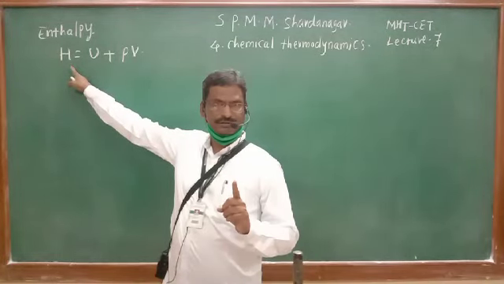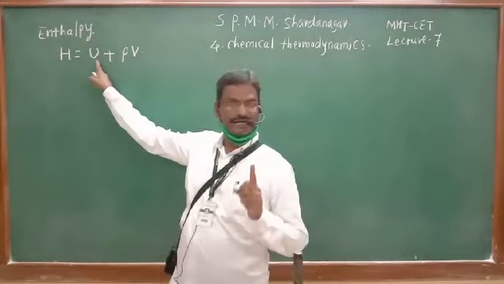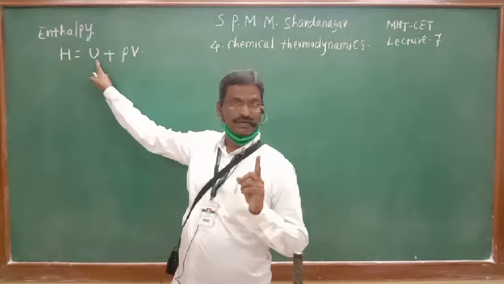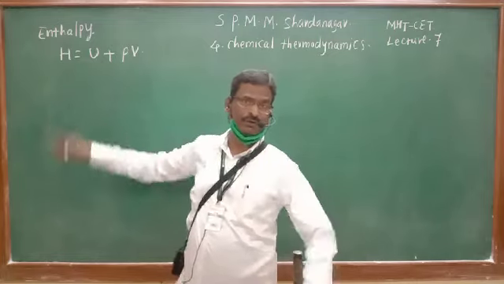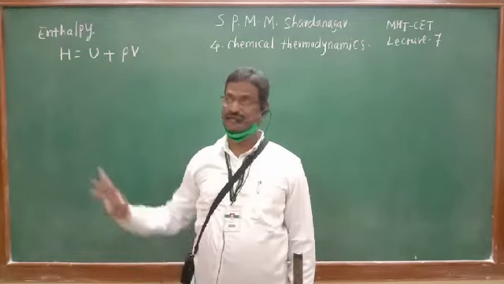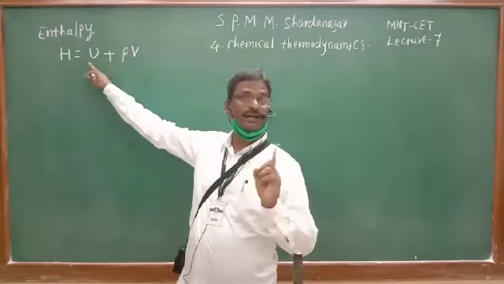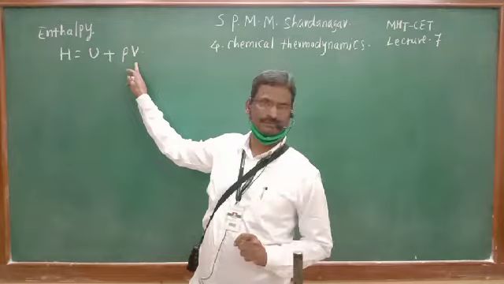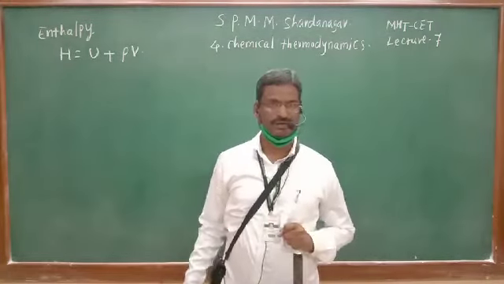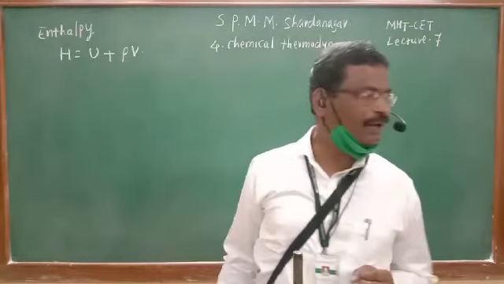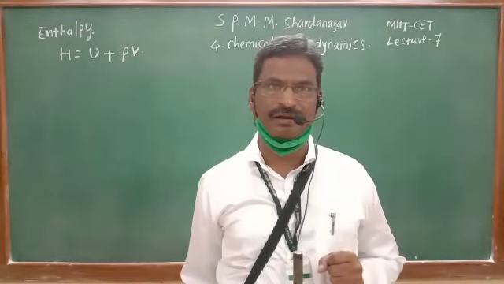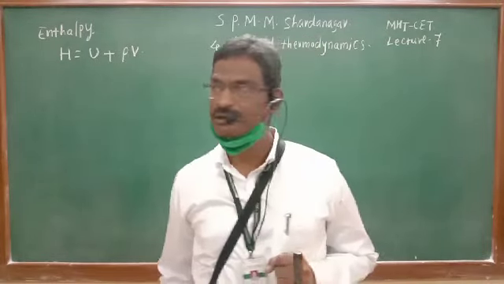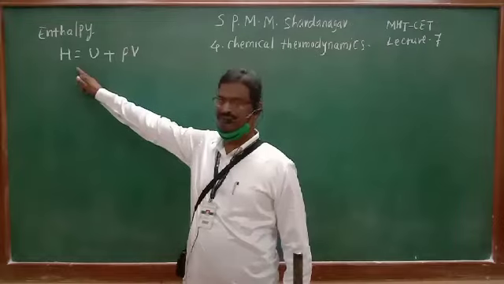We know that internal energy is also known as energy not available to do work. This is the energy which is not available to do work, and this is the energy available to do work, and the summation of the unavailable and the available energy to do work is known as enthalpy.